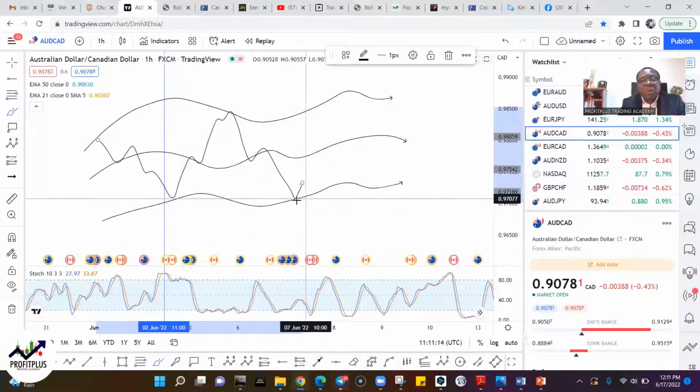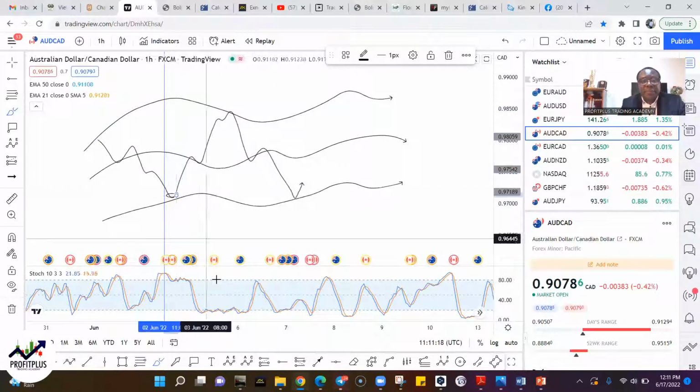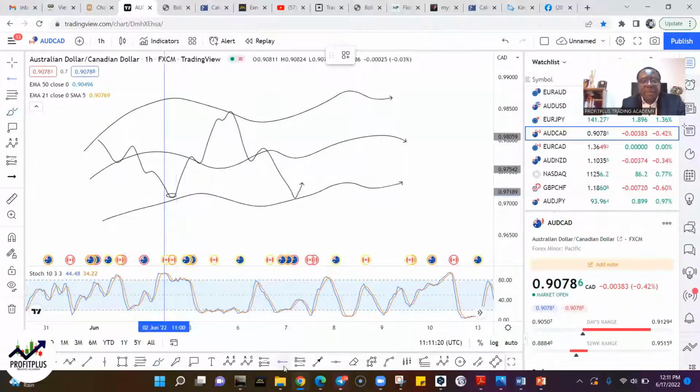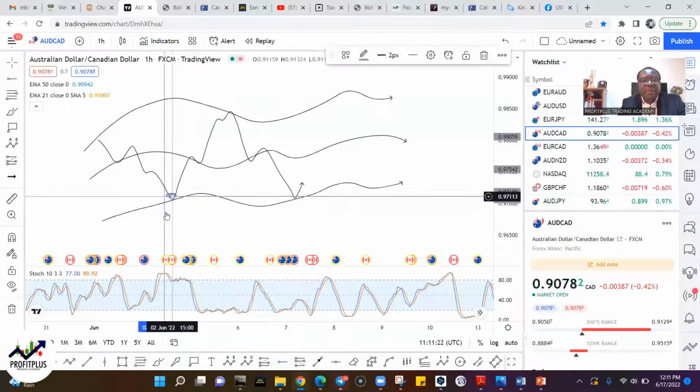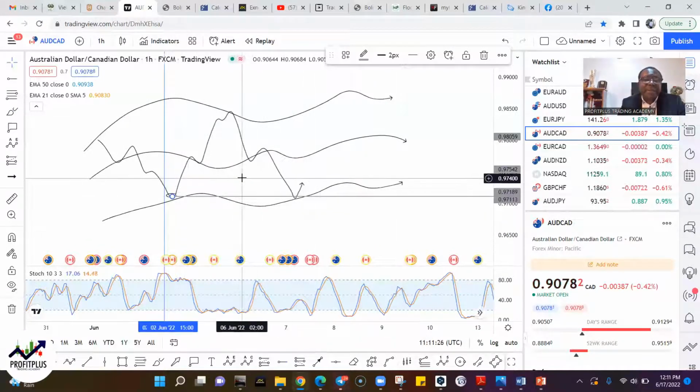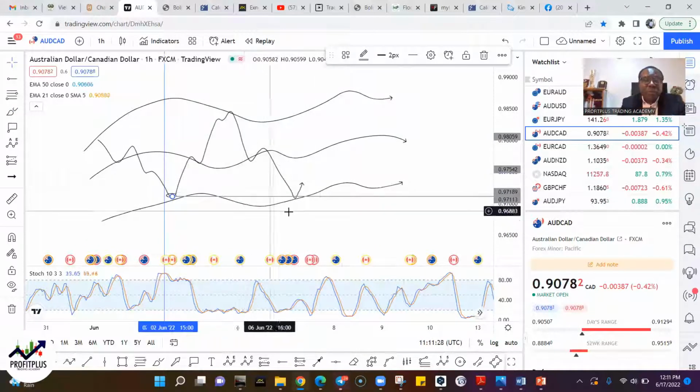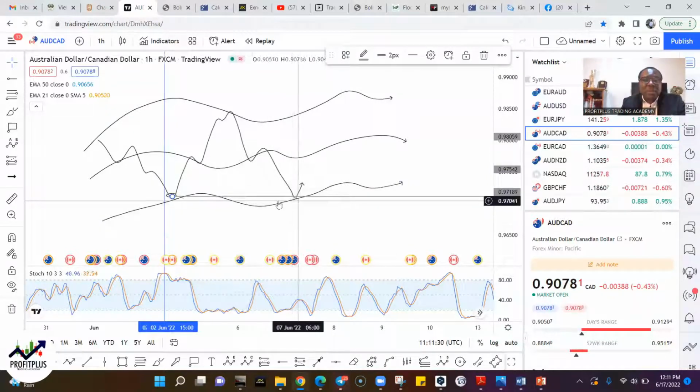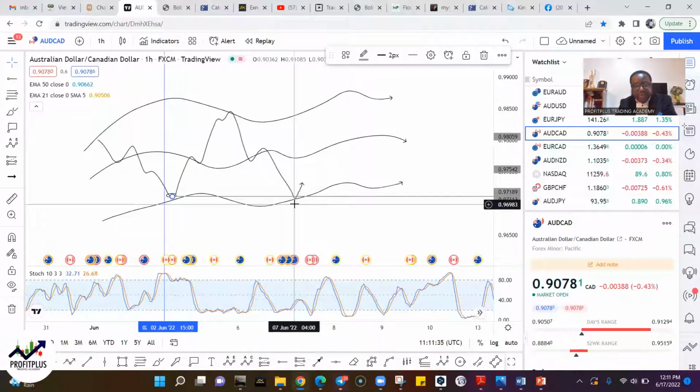This is an equal low, all right? This is an established support area. So you can take a line and mark that area. The Bollinger Band, the lower band, is right now playing the role of a dynamic support at this level.